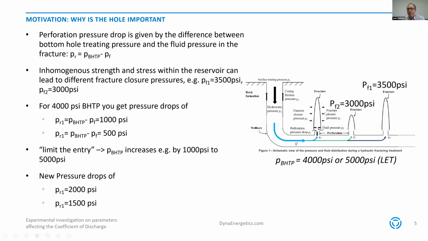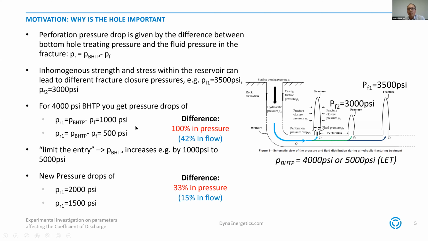But not every fracture is the same, due to variations in the geology. For some, you might have a fracture closure pressure of 3000 psi, and for other ones, it might be as high as 3500 psi. So for one and the same bottom hole treating pressure, the pressure drop over the perforation might be different. It could be 1000 psi for the one perforation and 500 psi for the other one.